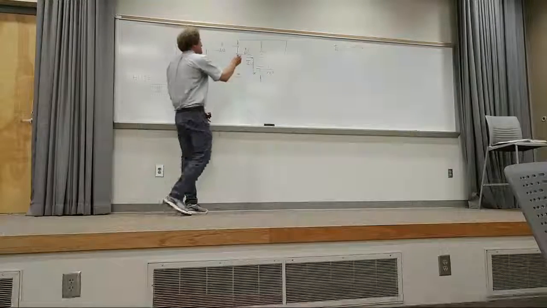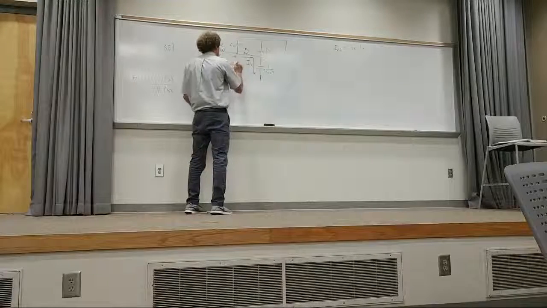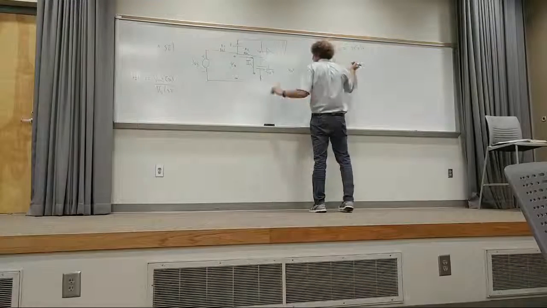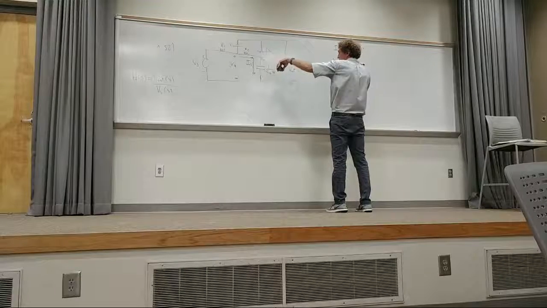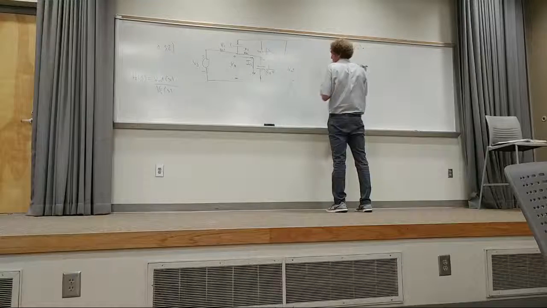So let me label this right here. I'll call this V2 for lack of a better term. And V2 here would be equal to all that current times R2 plus 1 over C2S.